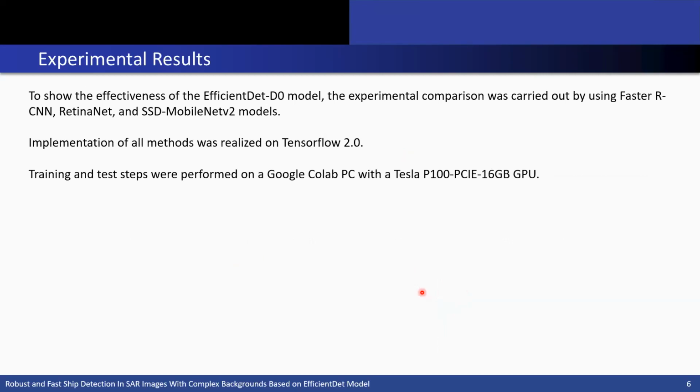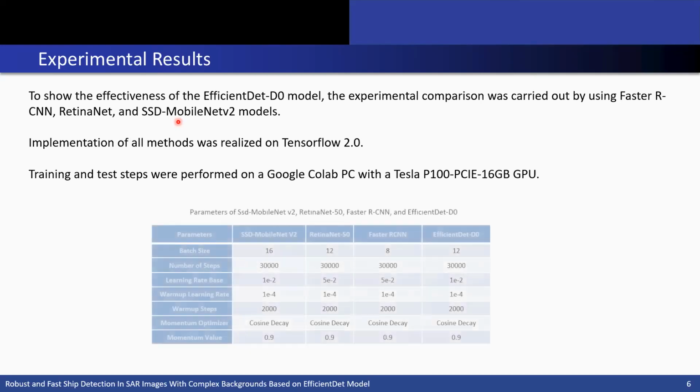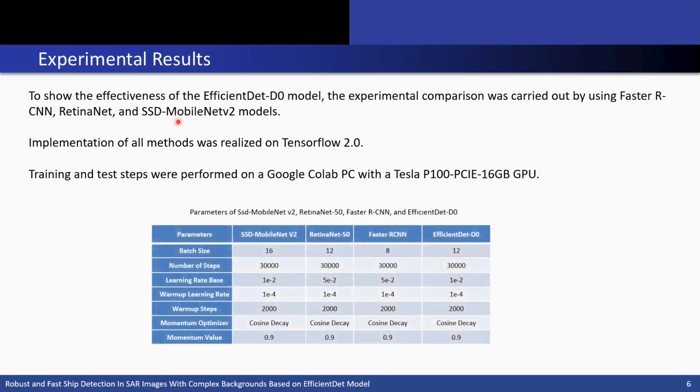We compared the EfficientDet model with Faster R-CNN, RetinaNet, and SSD MobileNet models, and the implementation of all methods was realized on TensorFlow 2 using Google Colab. Also, the parameters of the different models can be seen here. The detailed parameters are shown here.